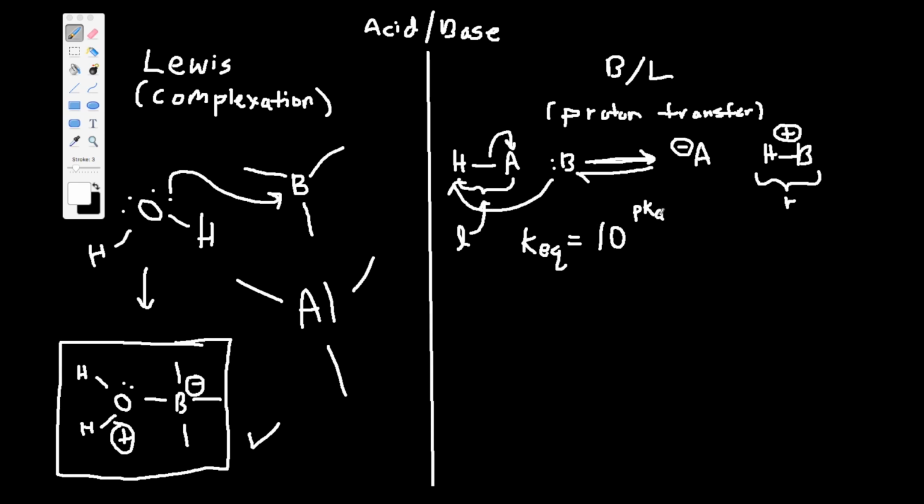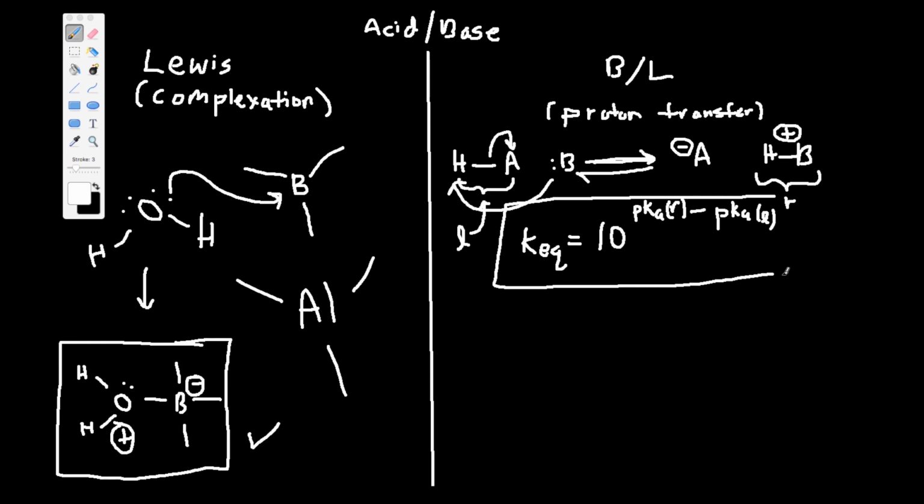So it's pKa of R minus the pKa of L. So in this case, R is the conjugate acid and L is just the acid. So this is extremely important in acid-base chemistry.